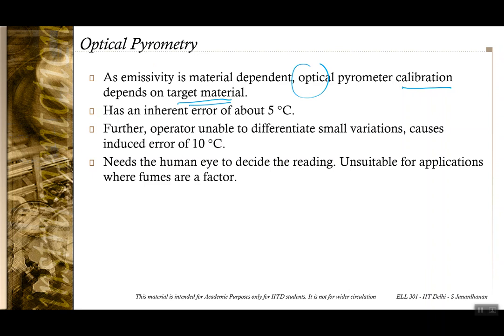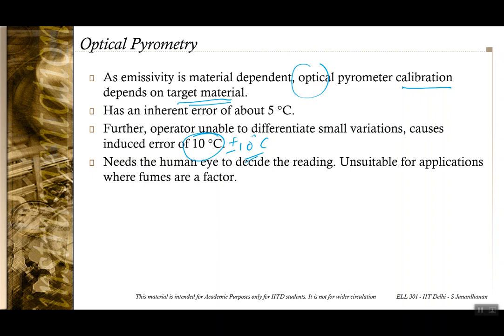So you need to know the target material, and since there is a human involved, small human induced errors of say plus or minus 10 degrees centigrade can come, because you can't differentiate between the colors to such an accuracy with the naked eye.